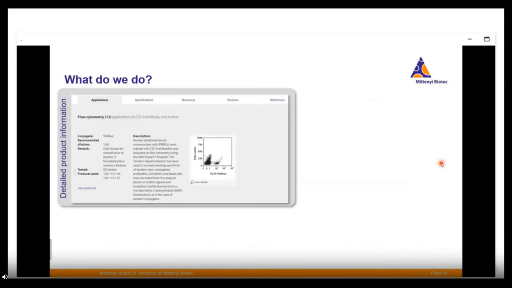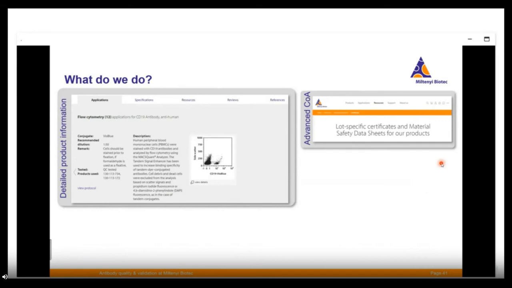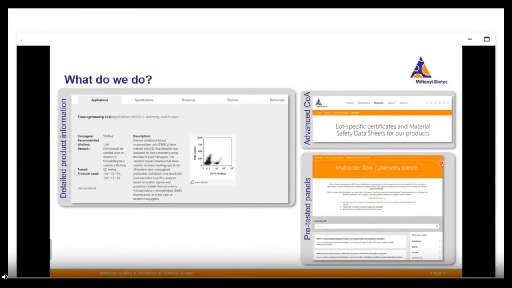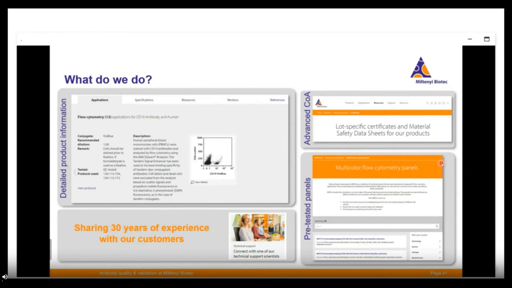And of course, as I already discussed throughout my talk, Miltenyi Biotec is trying its best to create transparency among customers about our products by providing detailed information, additional certificates, extended efforts of pre-tested panels, and moreover, support to our customers with all necessary information through our experienced customer service and support.